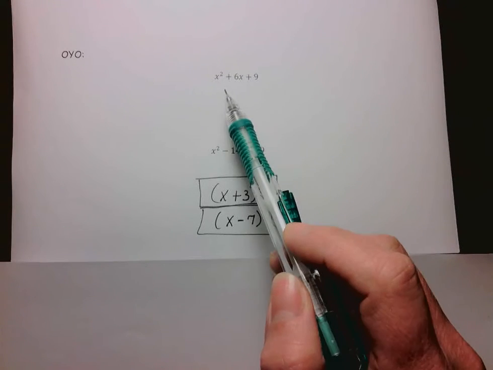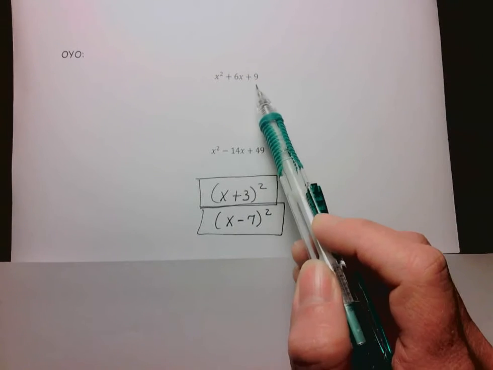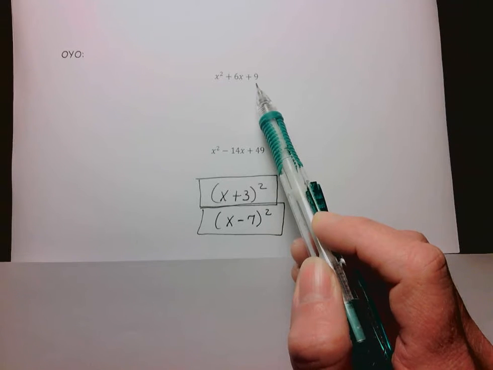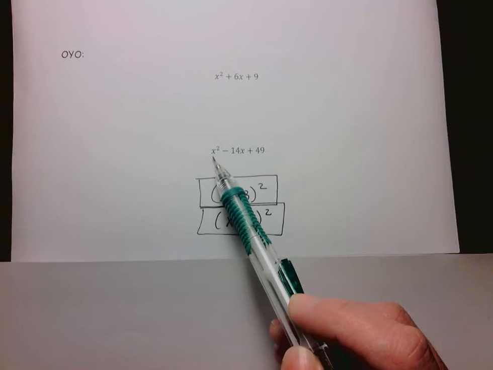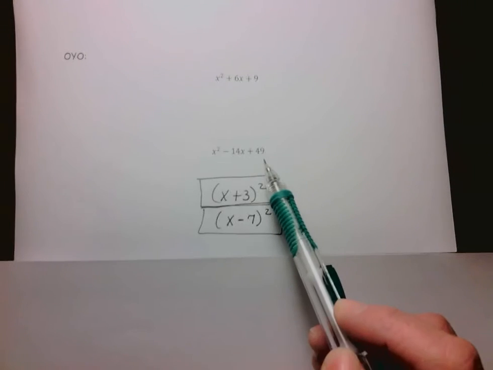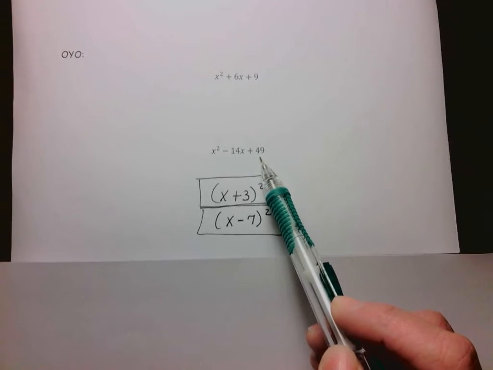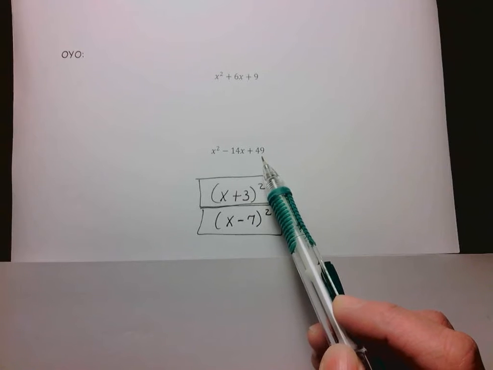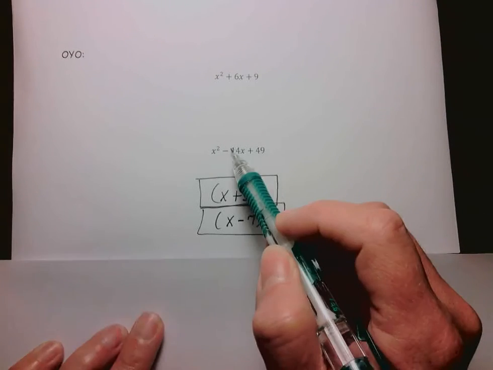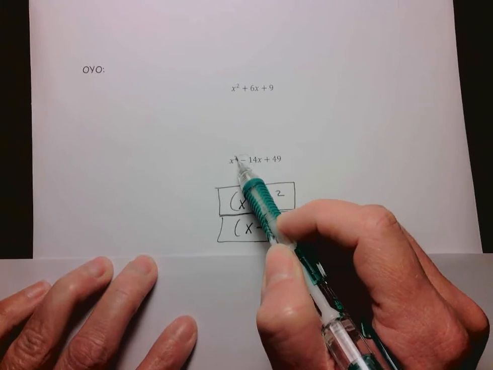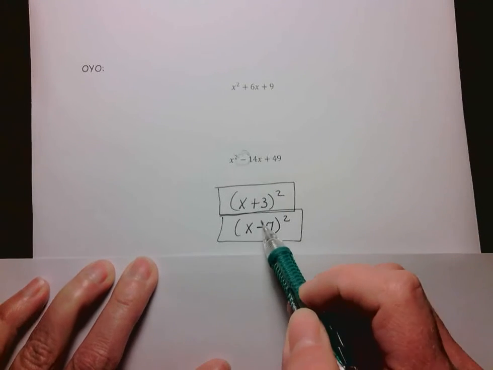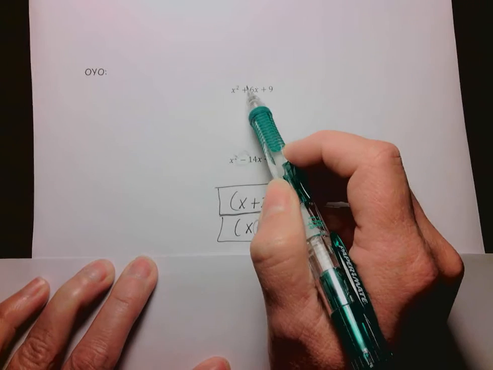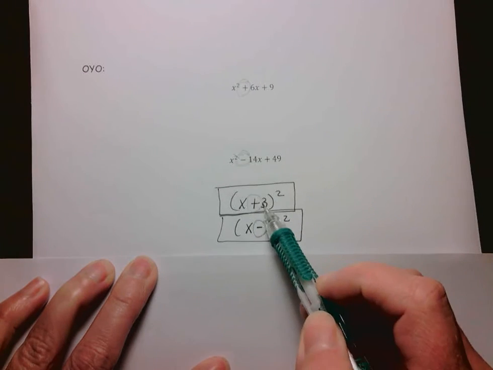Here, my A is going to be x and my B is 3, because 3 squared is 9. Here, my A is x and my B is going to be 7, because 7 squared is 49. And remember, if this is negative here, this is going to be negative here. If this is positive here, this is going to be positive here.